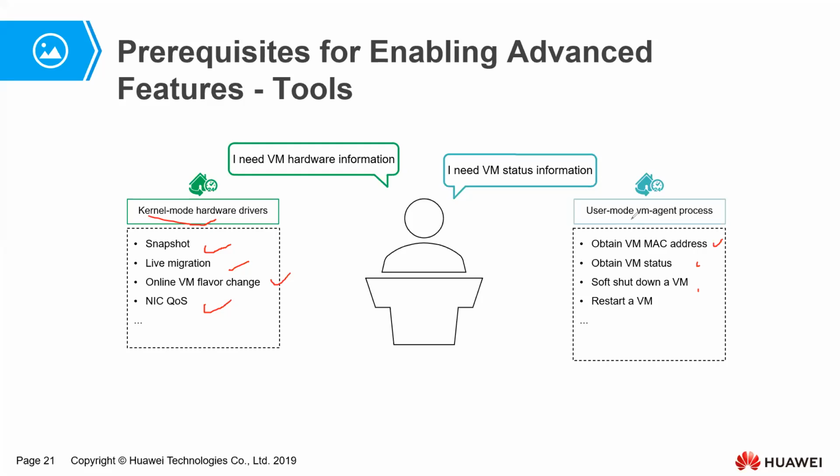The user mode agent process allows us to obtain the virtual machine MAC address and status, soft shutdown a given virtual machine, and restart it. Tools installation methods vary depending on the operating system. You just need to follow the guide to see how to install and uninstall the tools.